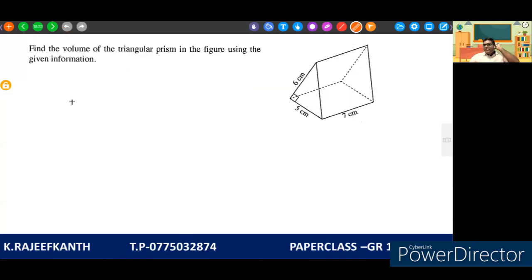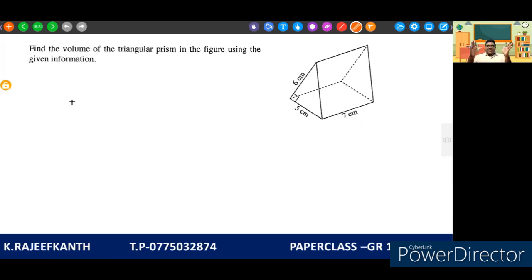Here, find the volume of the triangular prism in the figure using the given information. So you know how to find the volume of a triangular prism.